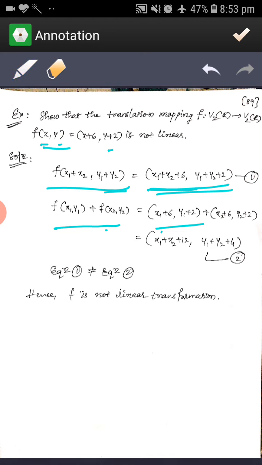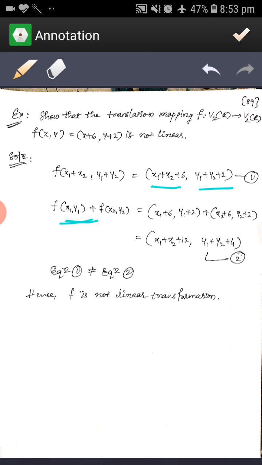Here we are just replacing: if x comma y is there, it is x plus 6, y plus 2. So x1 comma y1 is x1 plus 6, y1 plus 2, and x2 comma y2 means x2 plus 6 and y2 plus 2.